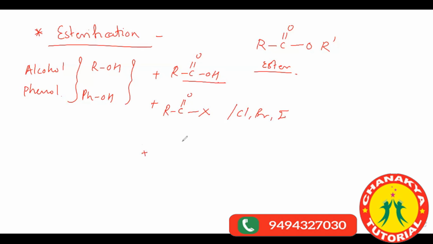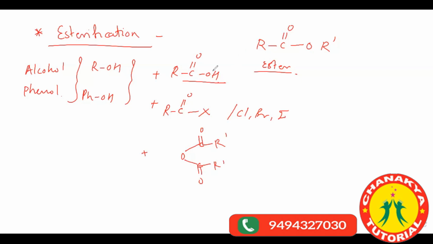It may react with this group. This is nothing but C double bond O, O, C double bond O, R. This R can be same or different. Most of the time it will be same. This is the acid anhydride functional group. Two carbonyl carbons will be attached with a single oxygen in between. That is the acid anhydride.